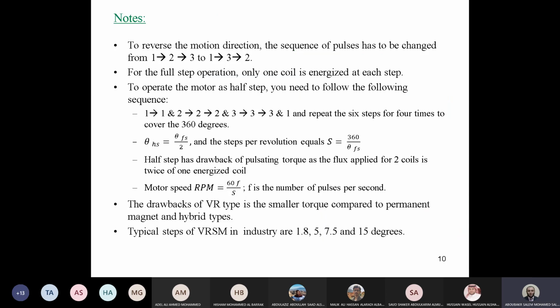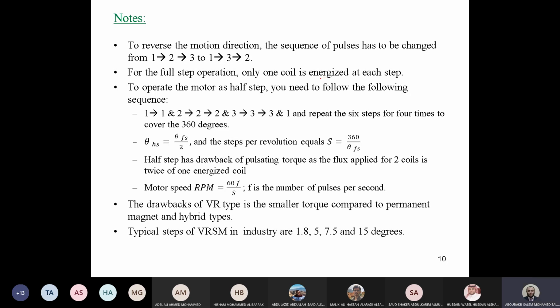So we have now some important notes, and we already covered. To reverse the motor direction, the sequence of pulses has to be changed. For example, instead of 1, 2, 3, it will be 1, 3, 2. This is number 1. Note number 2, for the full step operation, only one coil is energized.